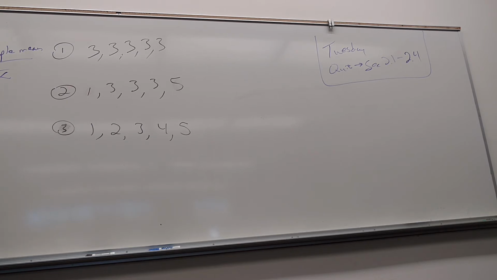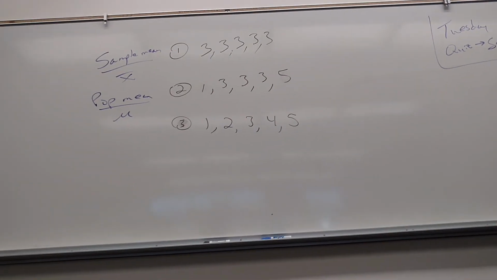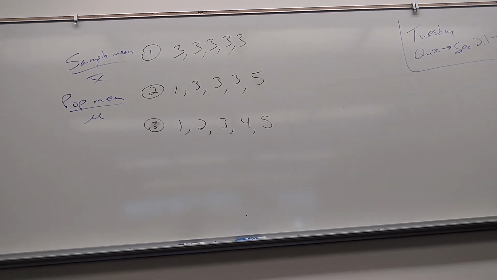Population mean, it's a population, so we want to make it look more formal. So we use Greek letters for population. So the population mean is mu. It's like a French cow sound. Mu. And it's a U with an extra leg on it, right? So it's a U that's survived the fallout.